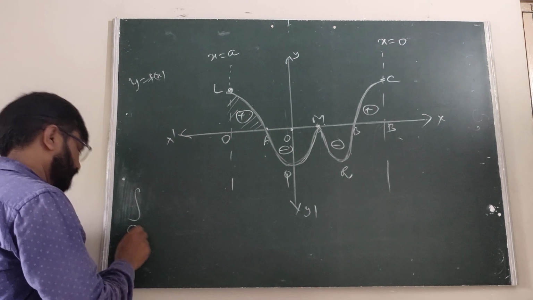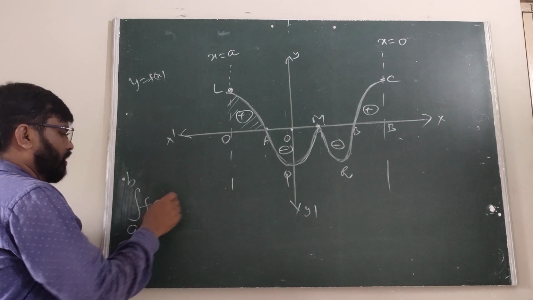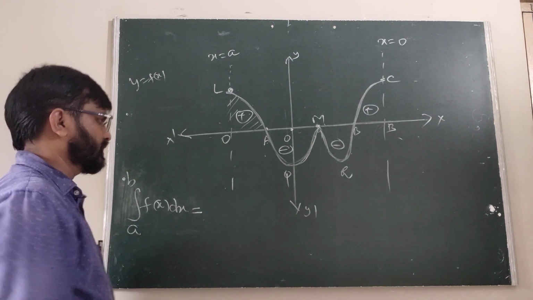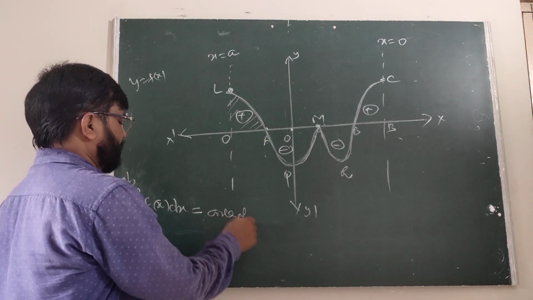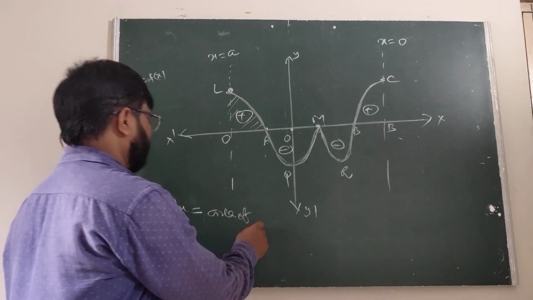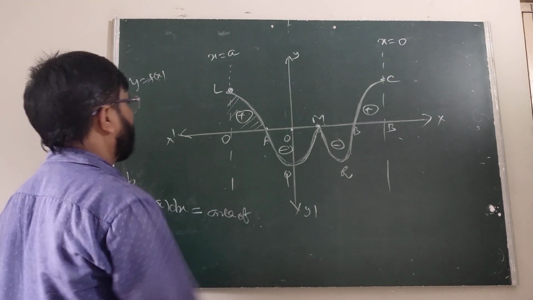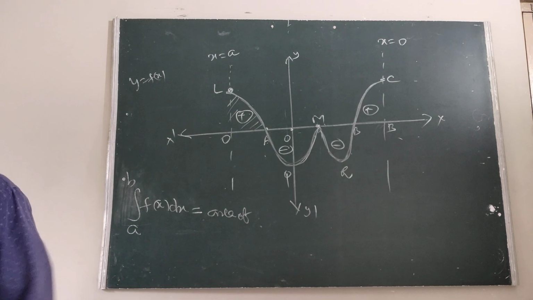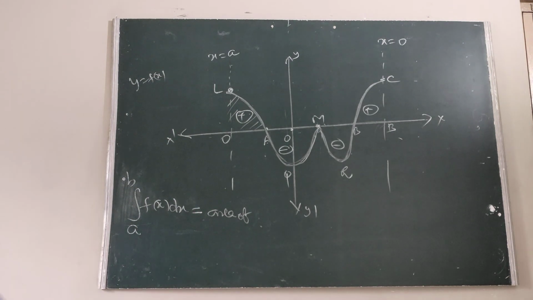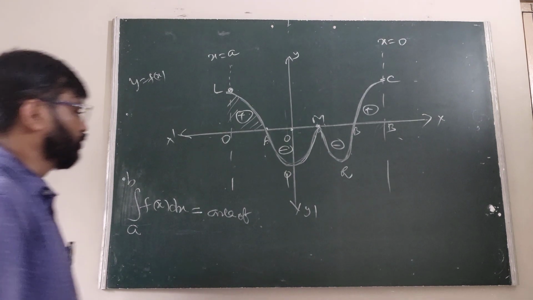The integral from a to b of f of x dx can be written as the area of triangle OLA, and after that the area of OLA and the area of AQM.